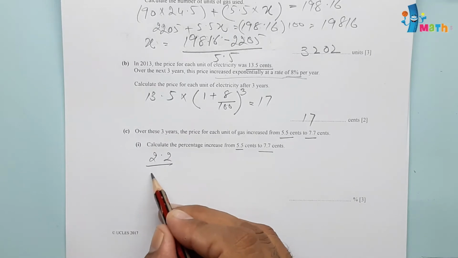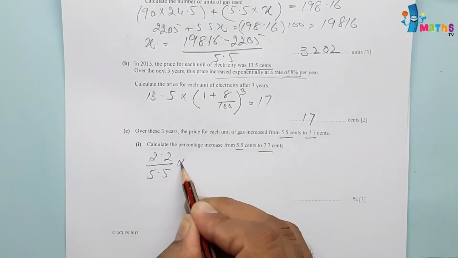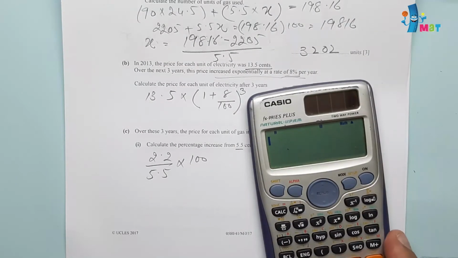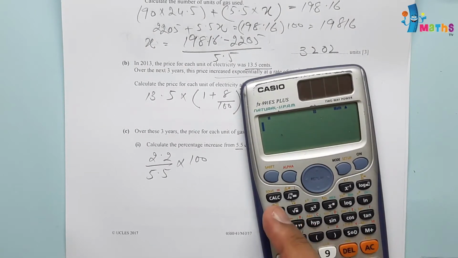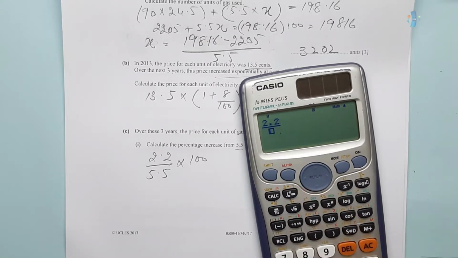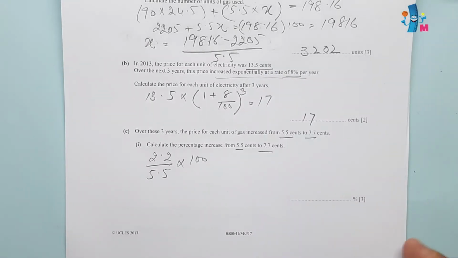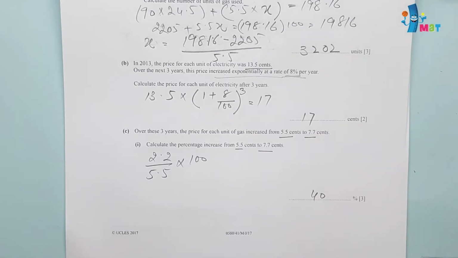This increment will be against 5.5 into percent, and the calculation will give us 2.2 divided by 5.5 multiplied by 100, this will be equal to 40. So this is 40% increase.